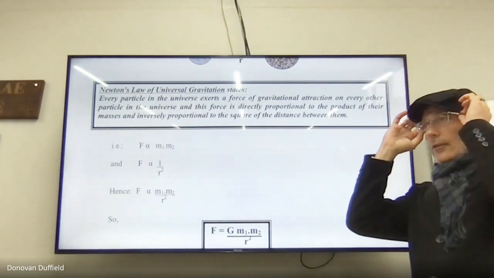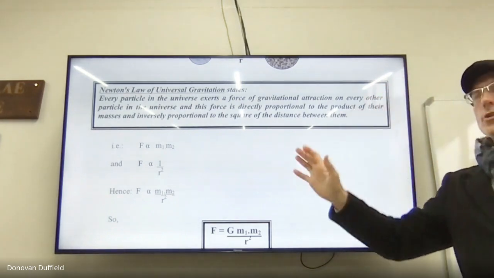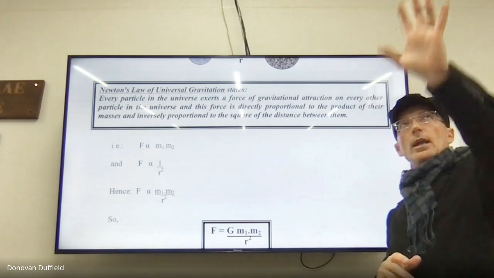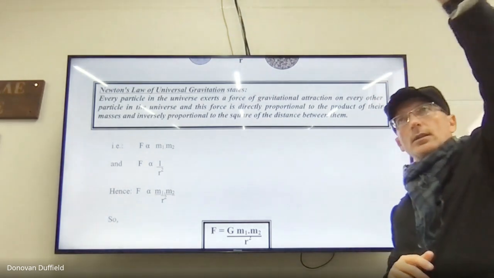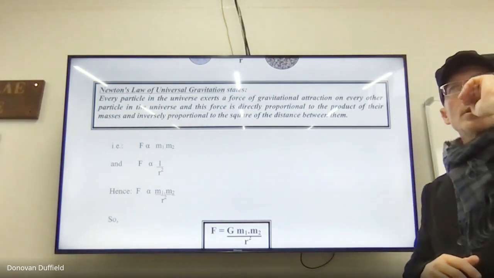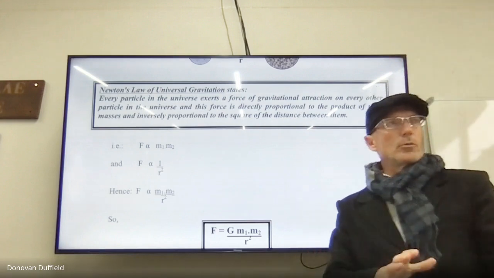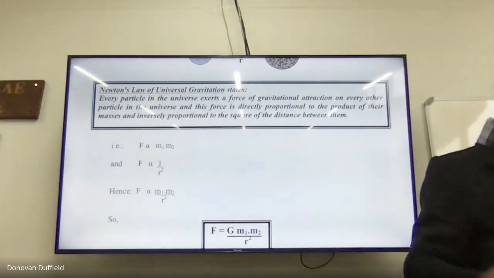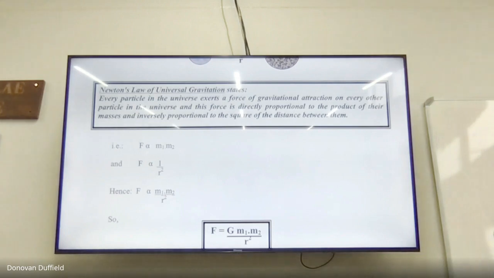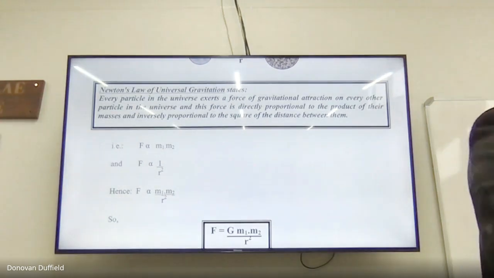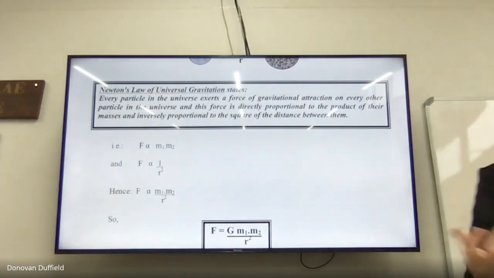So the mainstream belief was that the way those objects up in the night sky moved was different to the way objects moved on the earth. Let me give you an example. If we take this and I drop it, that's what we see on earth.